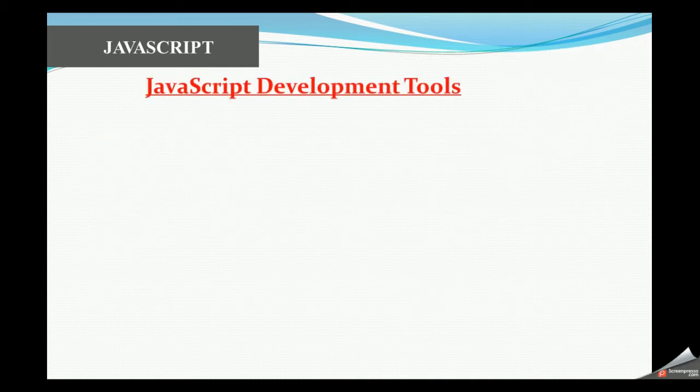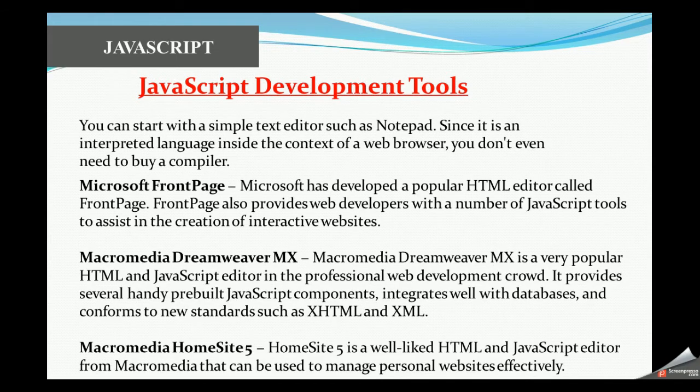Now we have various tools for JavaScript development. First of all, we can write JavaScript simply in a notepad and then use it. We can also use Microsoft FrontPage, Macromedia Dreamweaver, or Macromedia HomeSite 5.